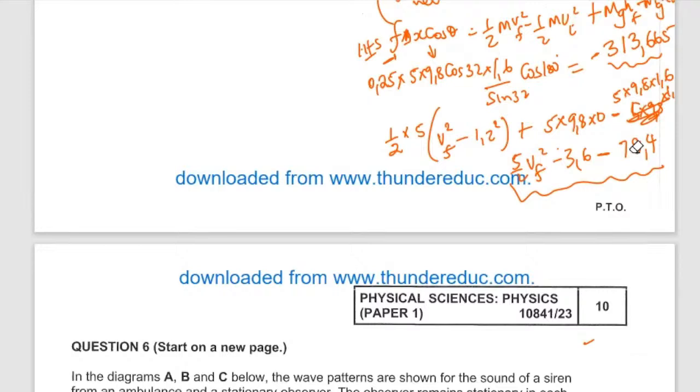That is 78. The 0 is out. 1.2 squared times 5, we get to 3.6, and then we have a half of that.